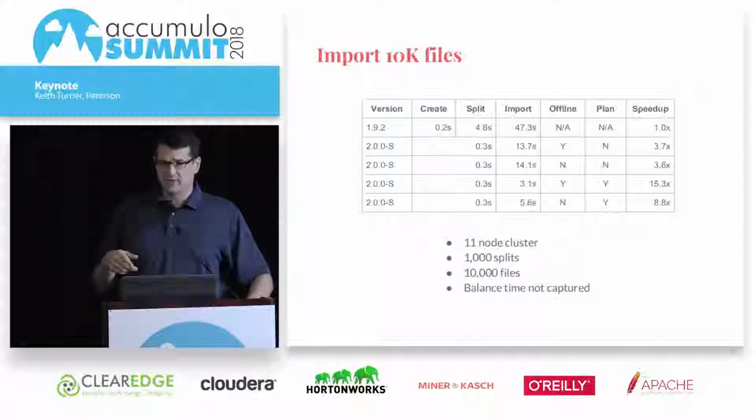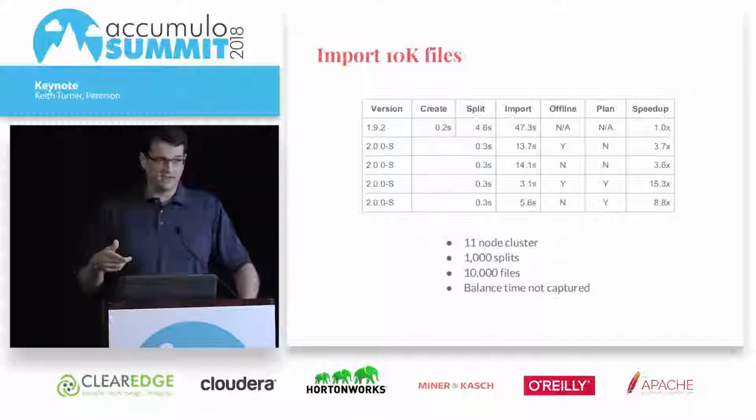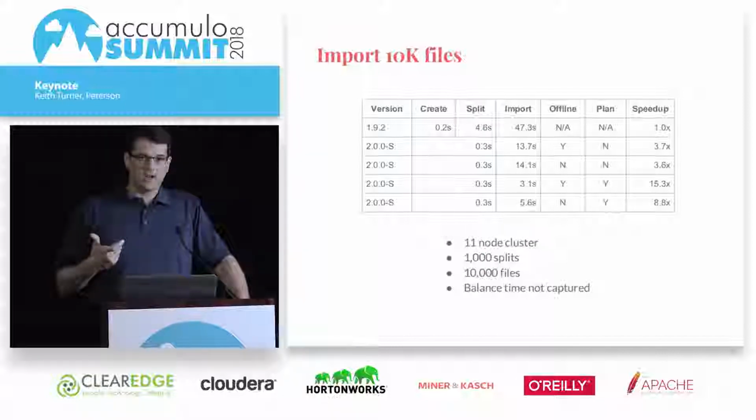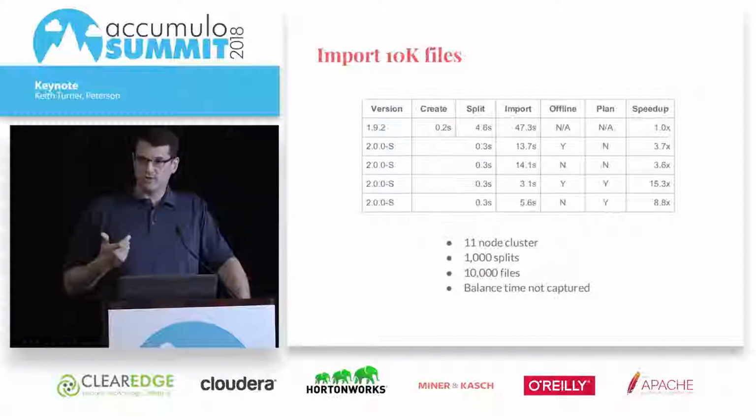The way I did that in this particular example is I was generating random data. For each file, I would pick a random tablet and generate data within that row range. And in the file name, I actually just put the first and last row of the tablet. So when I went to do the bulk import, I could just look at the file names and see where they went.